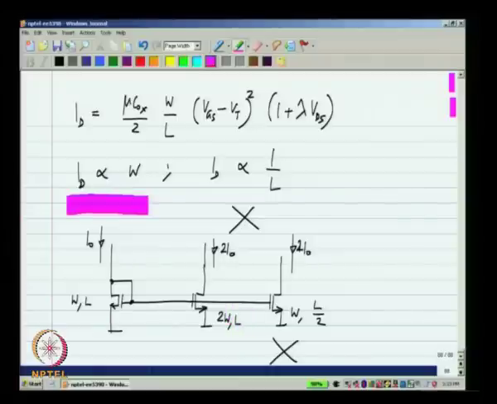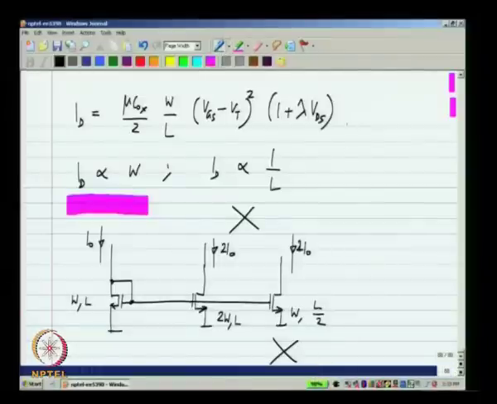Okay. So, for instance, when you make a current mirror and you want a ratio of let us say 2 to 1 or 4 to 1 or whatever it is, between the input current I naught and the current that you want in a particular branch, you should scale the width of the transistor accordingly and not the length. Okay. In fact, if you want close matching between any pair of transistors, they should have the same width. We will see how to arrange the transistors layout so that that happens later.